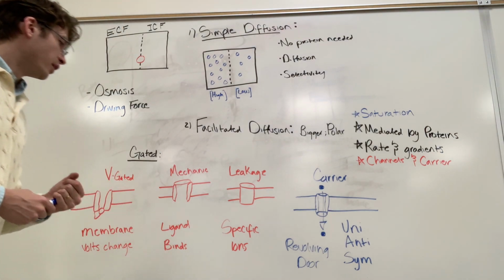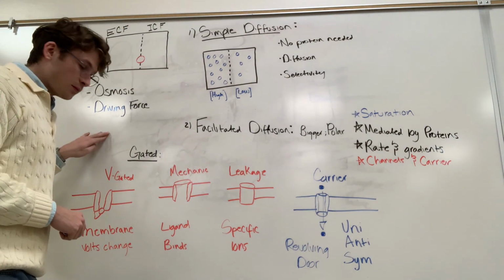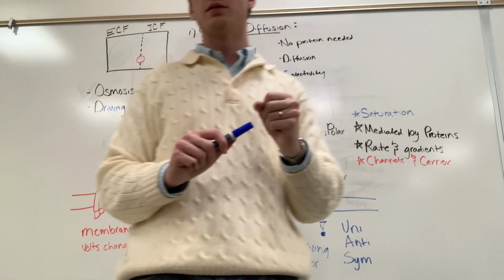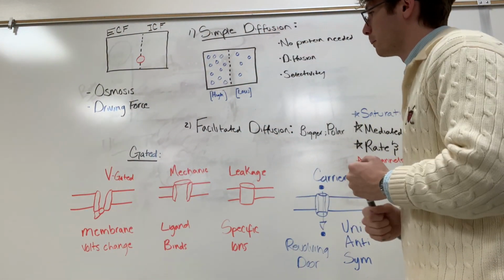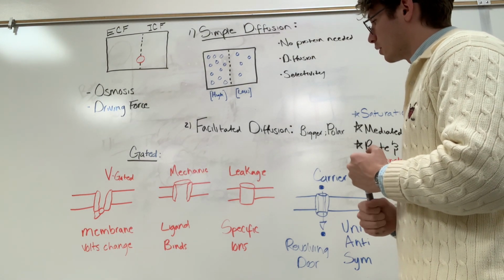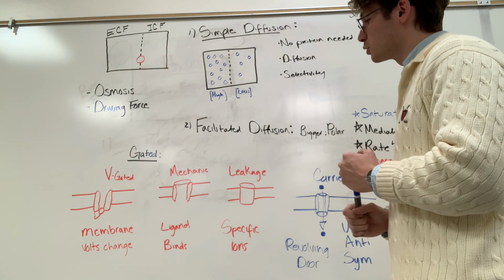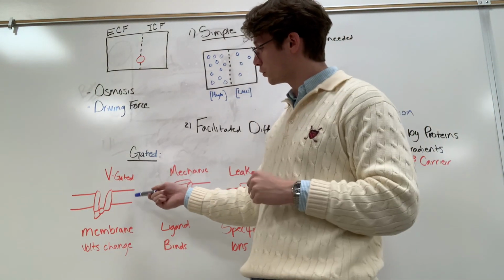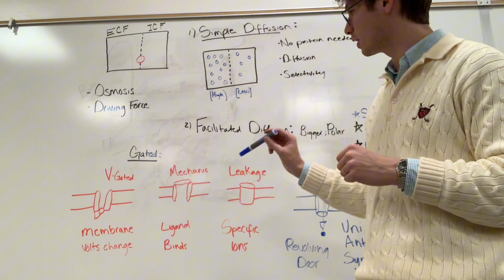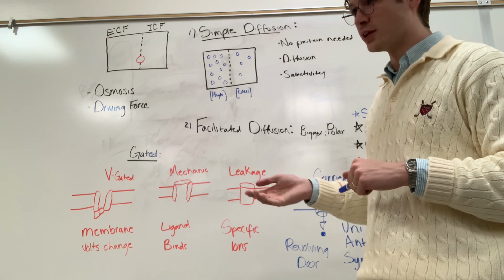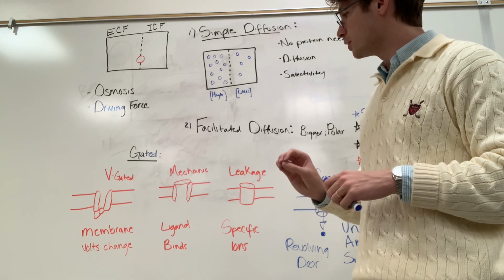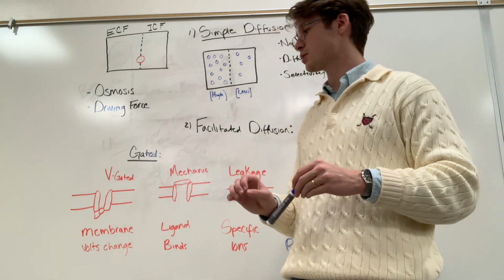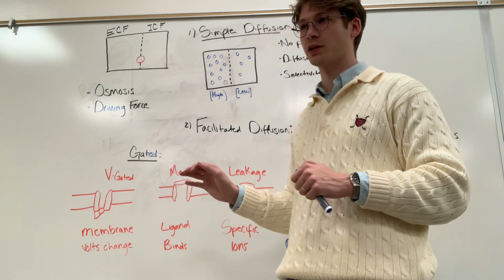So what we're looking at here, we're going to have 3 different types of gated channels. These are very specific to certain things. And this first one we're going to talk about is voltage gated. Voltage gated channels, hence the name voltage, purely depend on detecting voltage changes within the cell membrane.